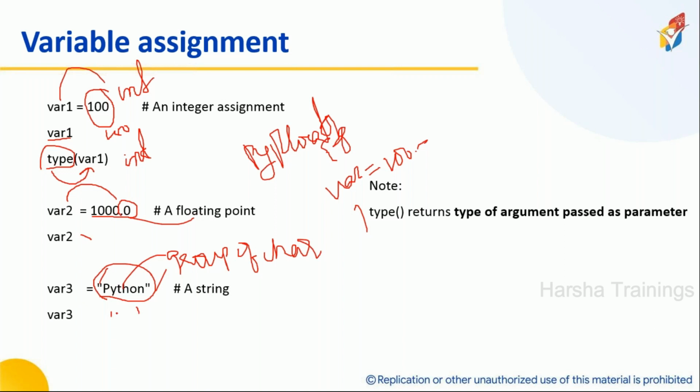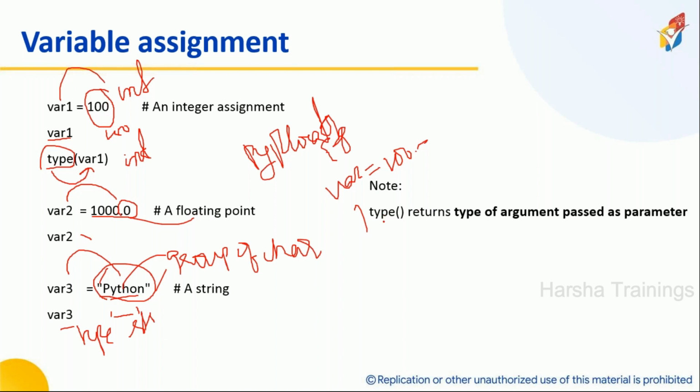Whenever I assign a string to a variable, it is going to be a string. If you ask me the type of variable 3, it will be called string. That means depending upon the value which we assign to the variable, it is going to create that kind of data type. Clear for you?